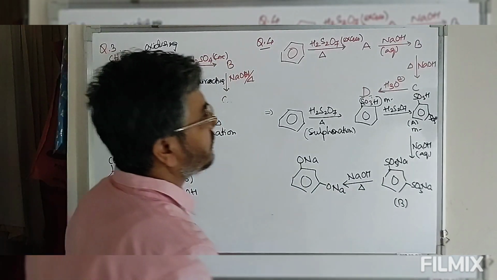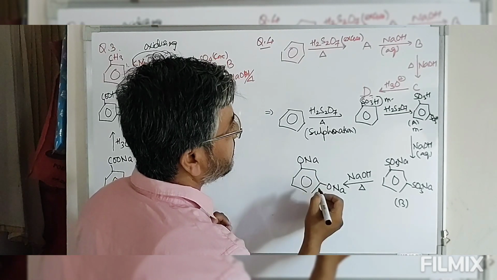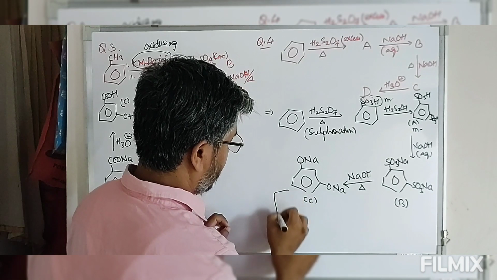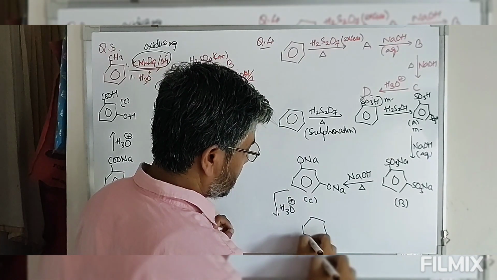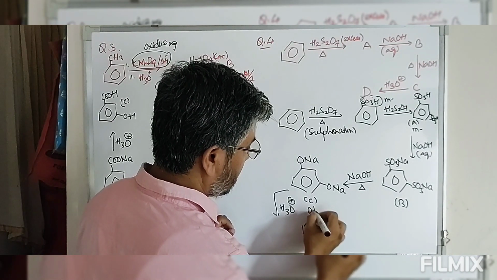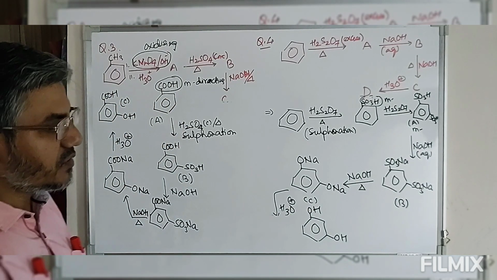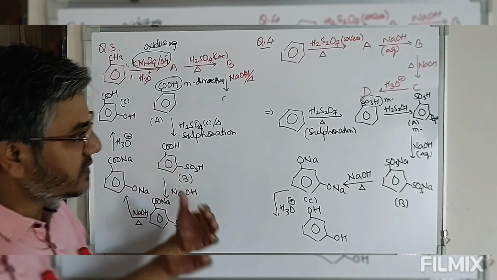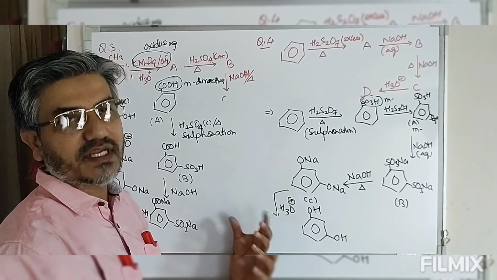This sodium salt of phenol on acidification gives you phenol, that is, both OH groups at the 1,3 position. So this is simply nothing but the preparation of phenol from benzene sulfonic acid again.